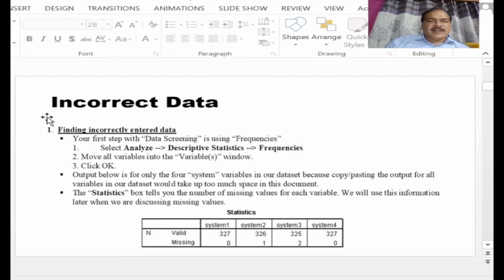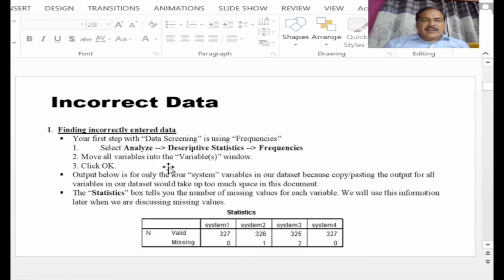The first part we are going to discuss is incorrect data. Incorrect data means data which was not originally responded by the respondent, but has been incorrectly entered into the data sheet. With the help of SPSS, we can go to the analysis part, and by counting the frequencies, we can identify any incorrect value entered into a box.